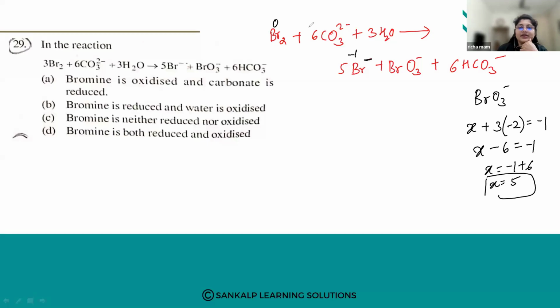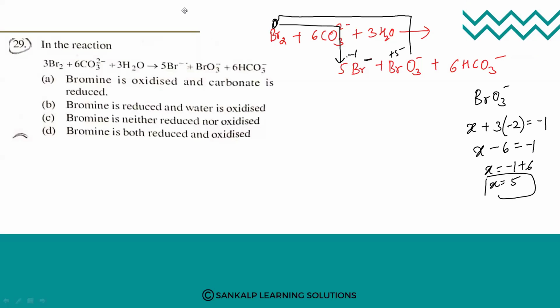So what is happening? From 0, it is showing an increase in oxidation number, and also it is showing a decrease. So bromine is both reduced as well as oxidized. The oxidation number of Br2 is 0.